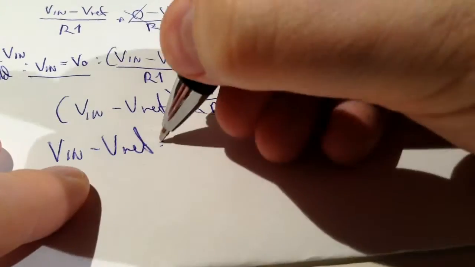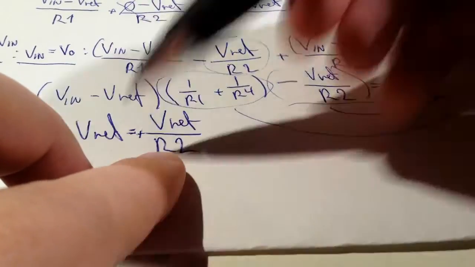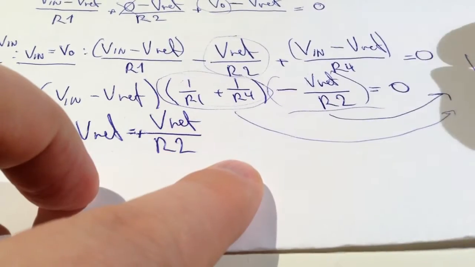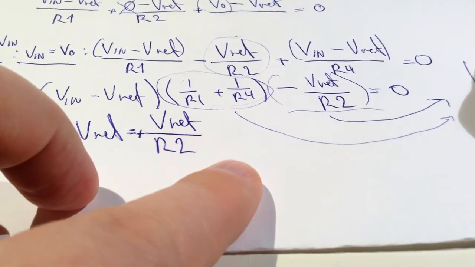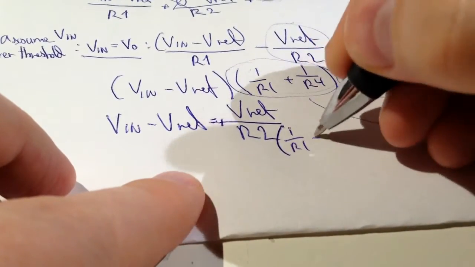And then after doing that, we will divide the equation by 1 over R1 plus 1 over R4.